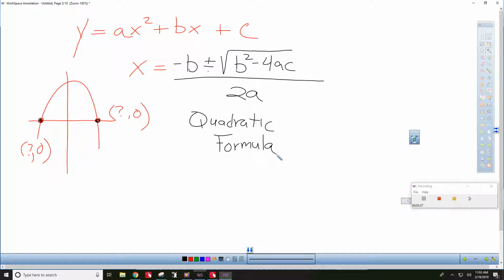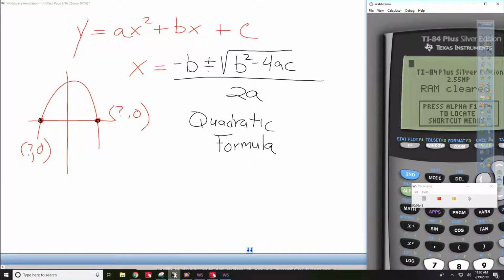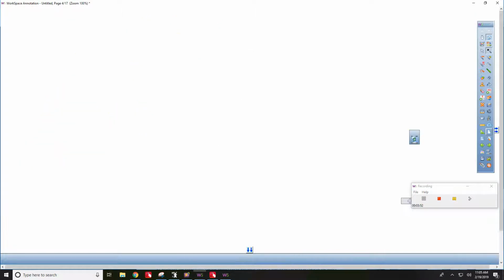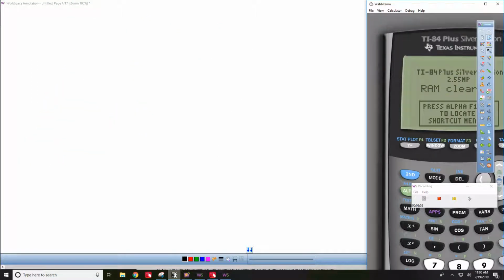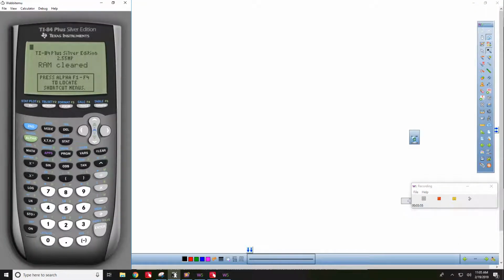So, I think what I want to do is just take a look at the graphing calculator. Let's just type in a random quadratic: x squared plus 6x minus 36.